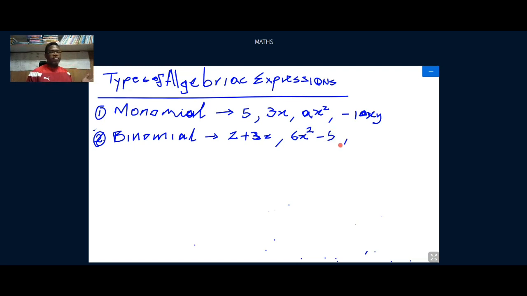You may also have ax plus b. This is a binomial. Are you clear? A binomial.